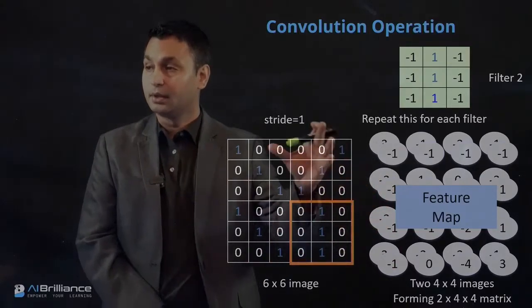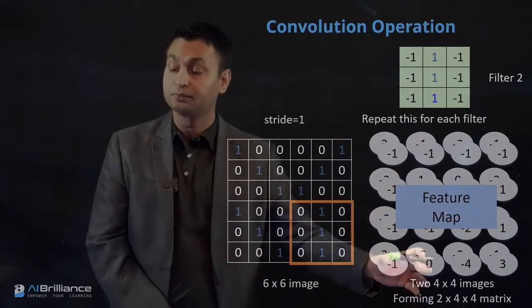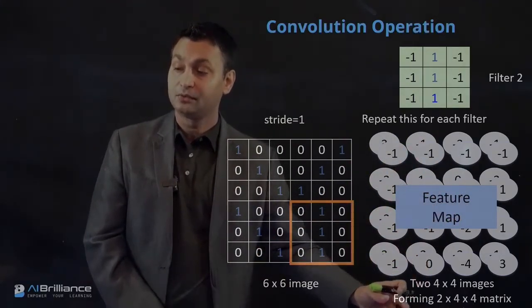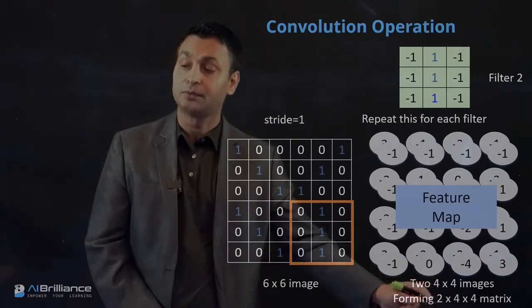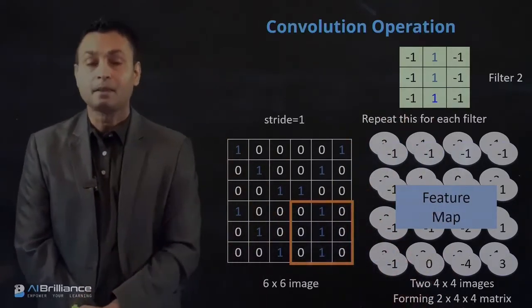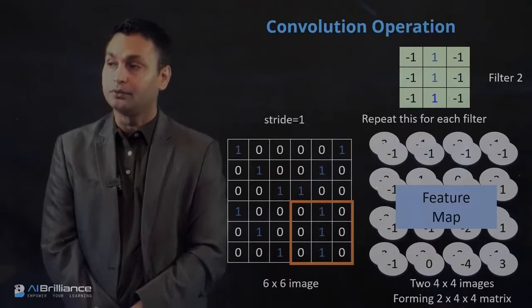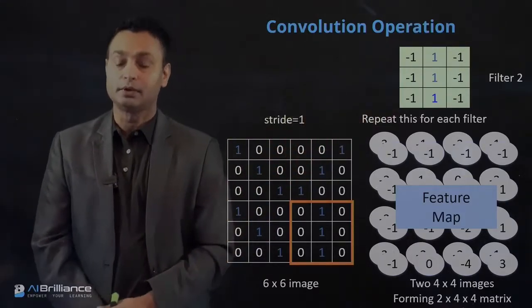So you can see the size of this image after transformation to the feature map has reduced to 4x4, and since we have these 2 different filters, the overall output of this process will be 2 times 4 times 4, and that's the number that we'll be storing as an output of this convolution operator on this image with respect to the two filters that we have.